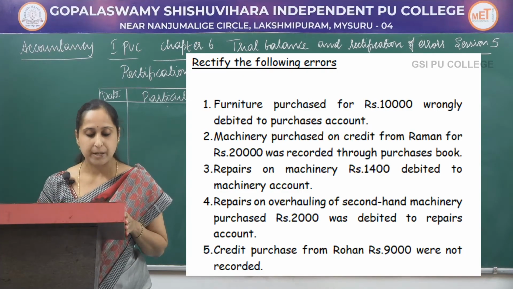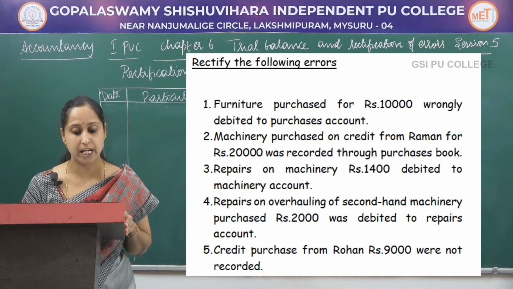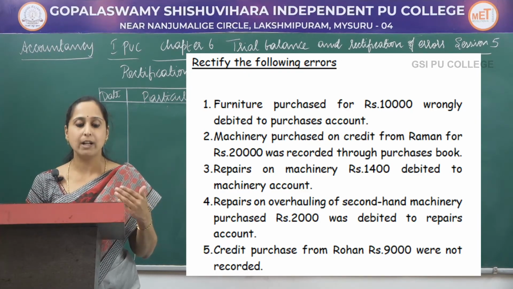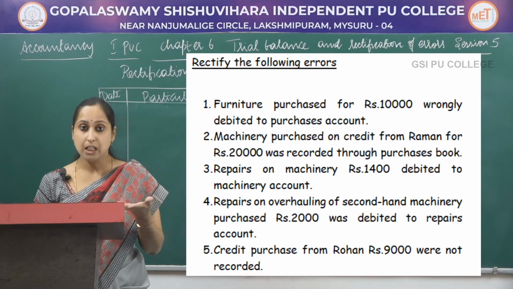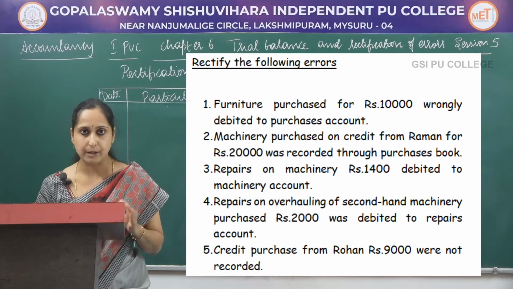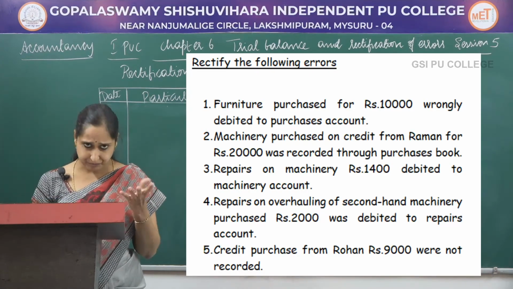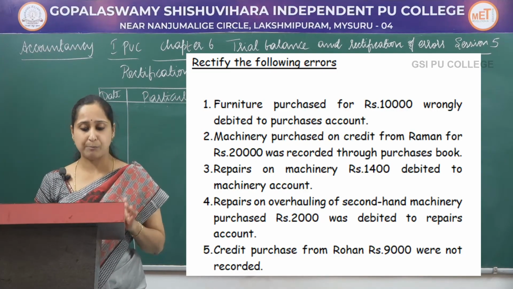Next is repairs on overhauling of second hand machinery purchased rupees 2000 was debited to repairs account. Repairs on overhauling. Overhauling means to repair an engine or a machine, to examine thoroughly. That is what overhauling means. So here they have renovated or examined some second hand machinery which they have purchased.